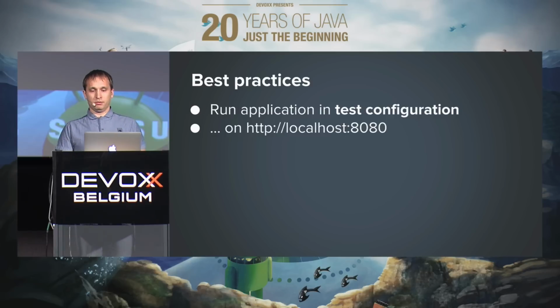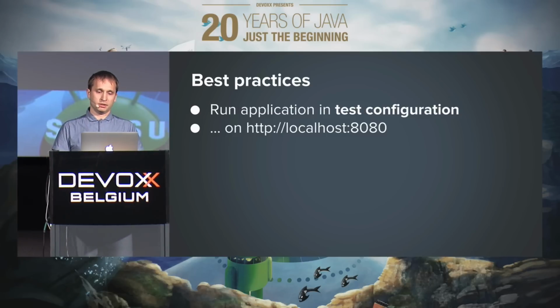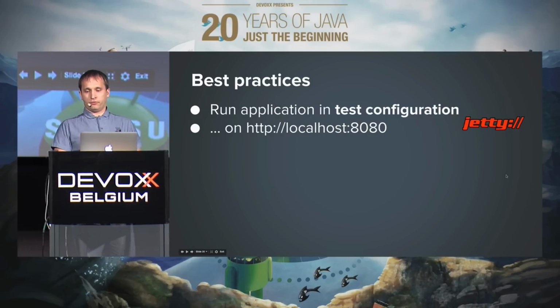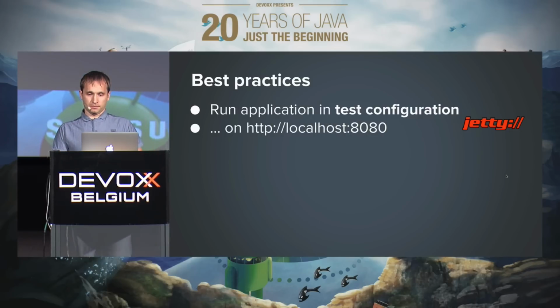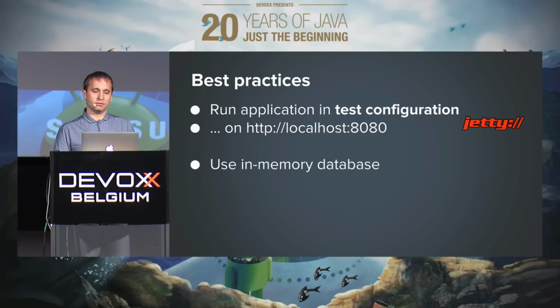And you must be able to run your application on localhost, on your machine, without the need for manual installation by administrators. You can use Jetty, you can use embedded Tomcat, whatever. You can run whatever for this, but do it.